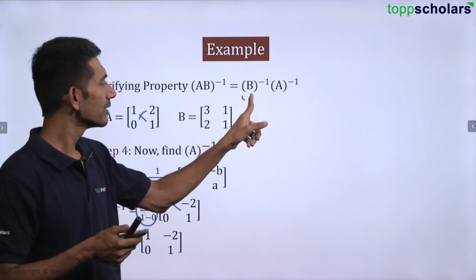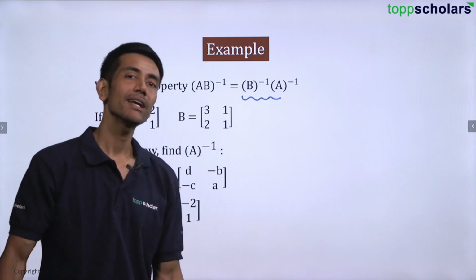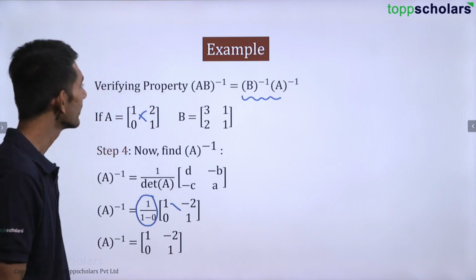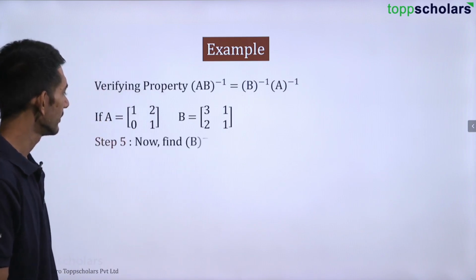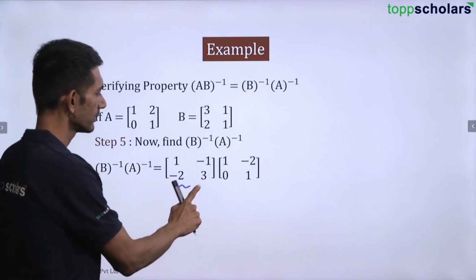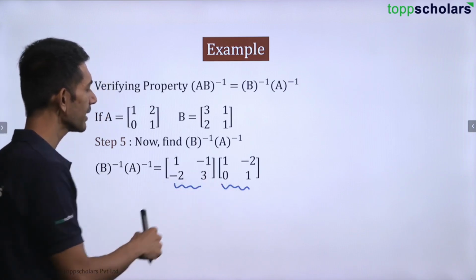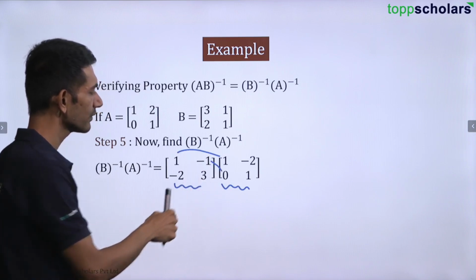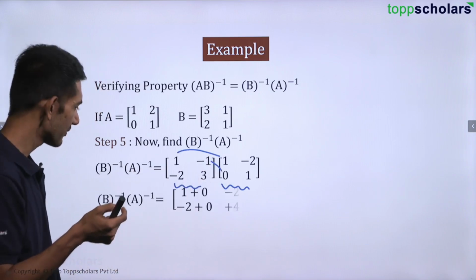Now we will take B inverse multiplied by A inverse. So let us do that. Here it is. So this is B inverse. This is A inverse. We multiply 1 with 1, minus 1 with 0 and so on. You know the procedure.